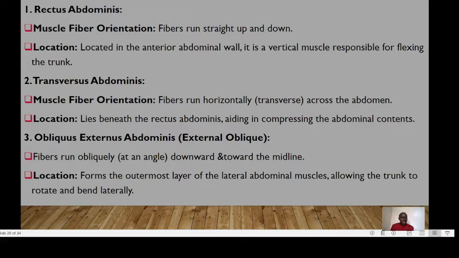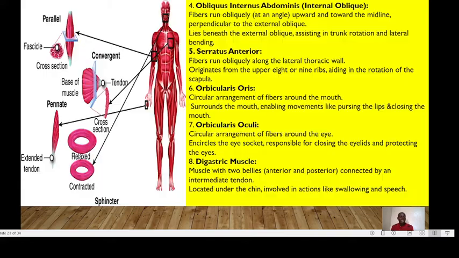We have the obliquus externus abdominis, the external oblique. It runs obliquely at an angle downward and towards the midline. It forms the outermost layer of the lateral abdominal muscles, allowing the trunk to rotate and bend laterally.